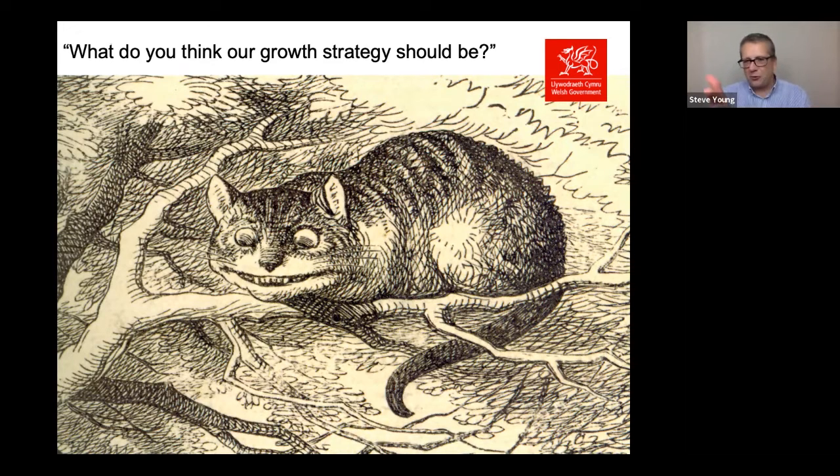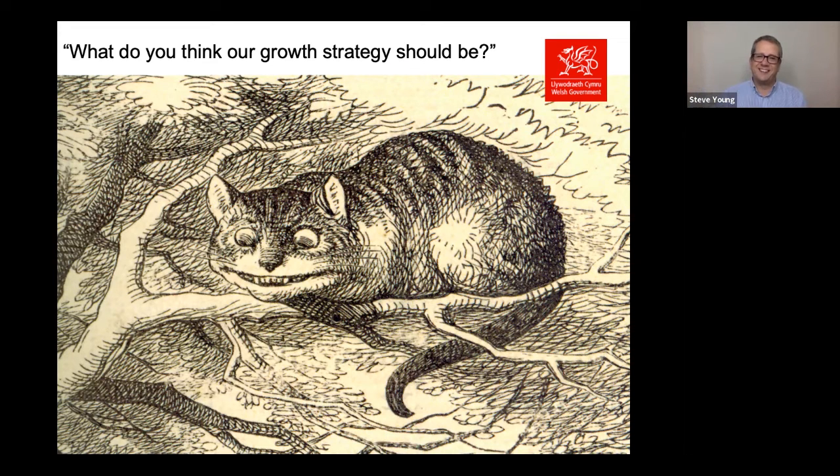The Cheshire cat says, well, that depends a great deal, my dear, on where you want to get to. Alice thinks for a while and says, I don't know where I want to get to. And the Cheshire cat beams and says, well, it doesn't matter which way you go then. Alice says, but I want to get somewhere. And the cat says, oh, you'll get somewhere. Just keep walking.